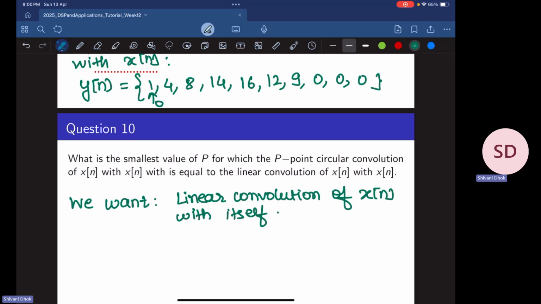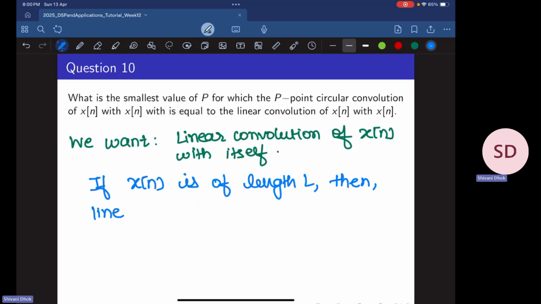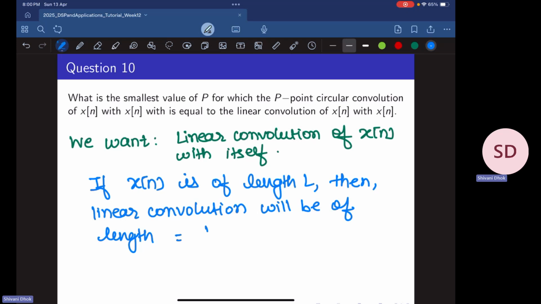Now, if x of n is of length L, then the linear convolution will be of length L plus L minus 1, that is 2L minus 1.